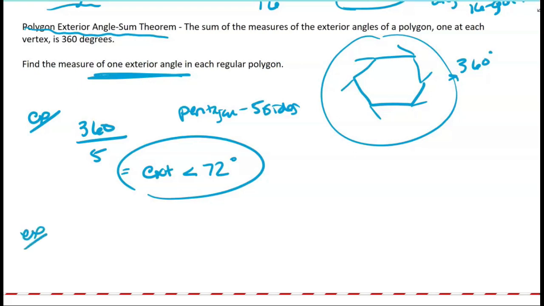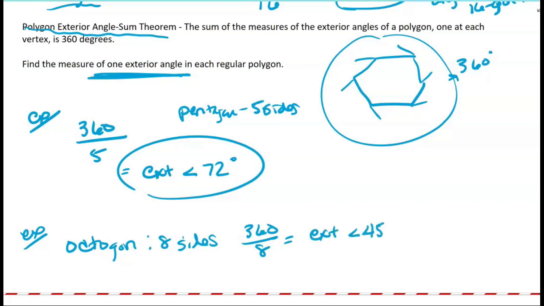Okay, what if we had an octagon? An octagon has how many sides? 8 sides. So you take 360 divided by 8, and then the exterior angle would be 45 degrees.